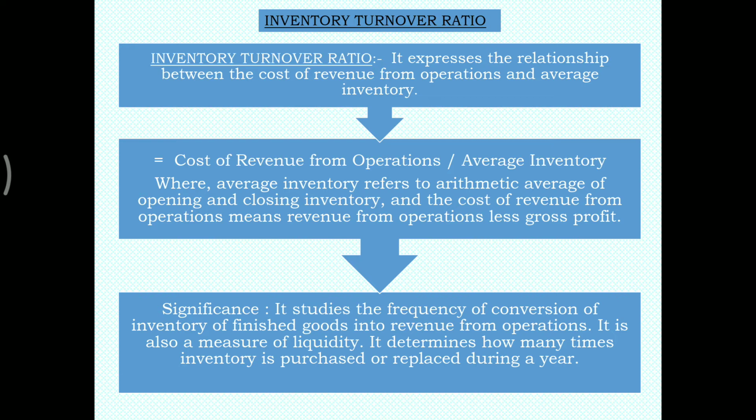Now, why do we calculate this ratio? This ratio indicates how frequently finished goods inventory is converted into revenue or sales. The faster it is converted, the better the liquidity position, the cash position of the business will be.